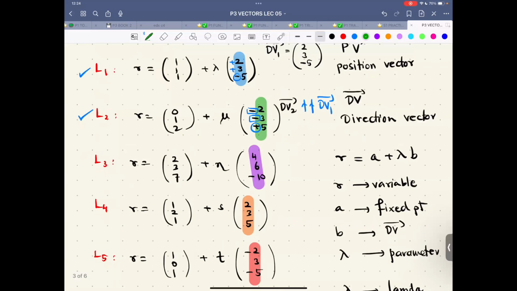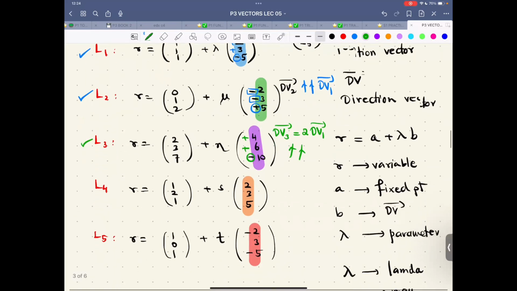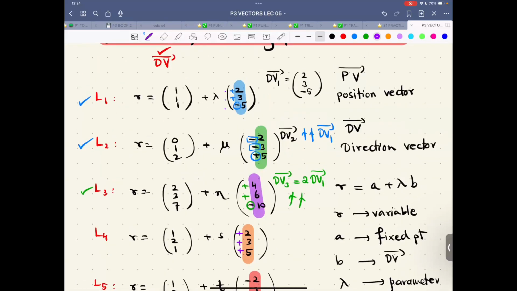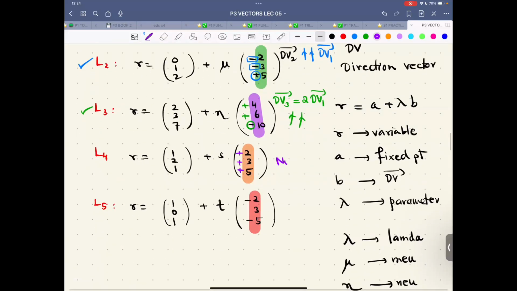What about line 3? We are talking about direction vector 3. This is positive, this is positive, this is negative, this is double of that. So direction vector 3 is 2 times direction vector 1. So of course, these two are also parallel. All good, all clear? Now, what about this one? All these three are positive. So just discard it right away, because these two were positive and this is negative, so this is not parallel.